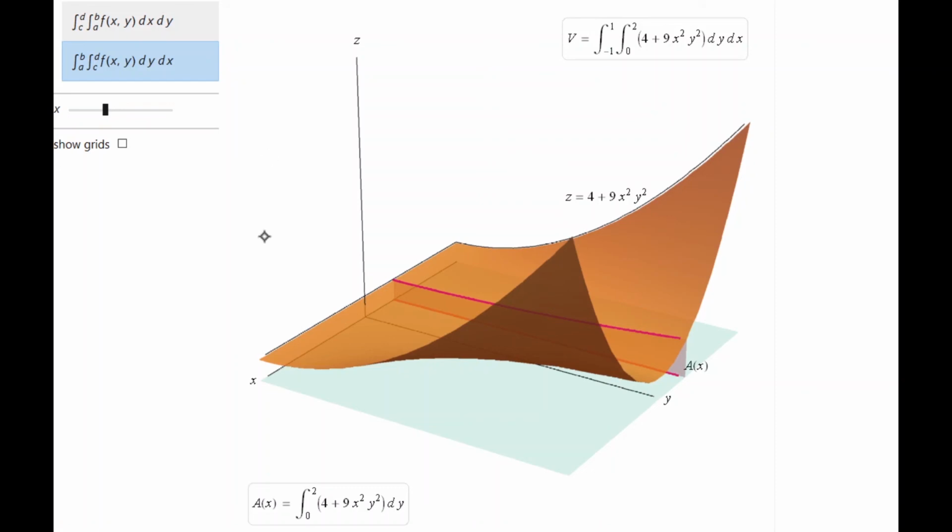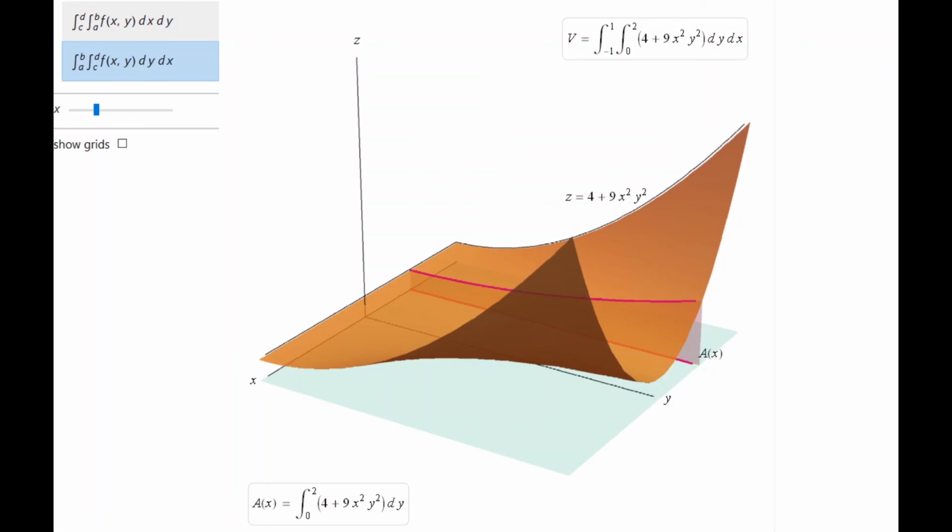And if we vary that, we could take the area of one of these slices, multiply it by dx to make it a volume, and then add up the volumes of all these small slices to get the total volume. Either way, we get the same answer, which was 32.